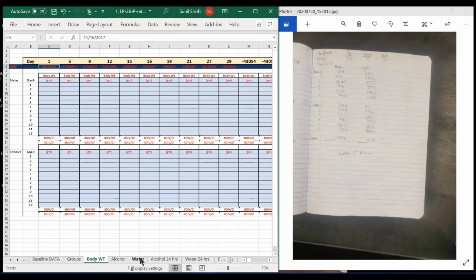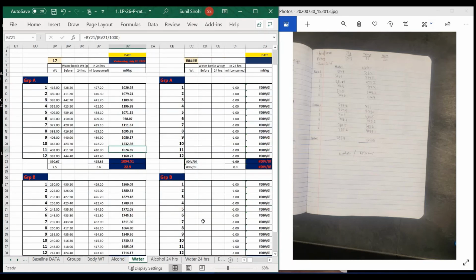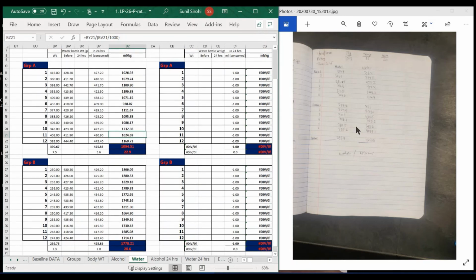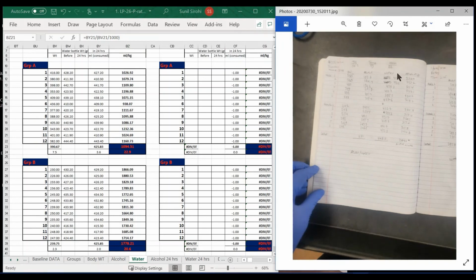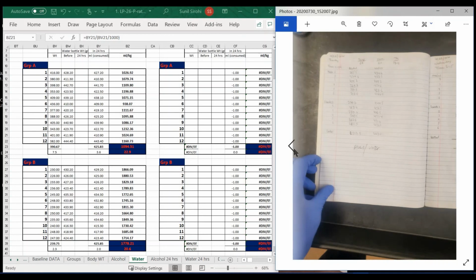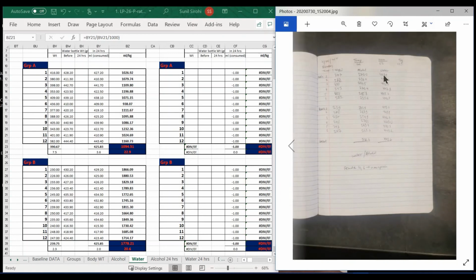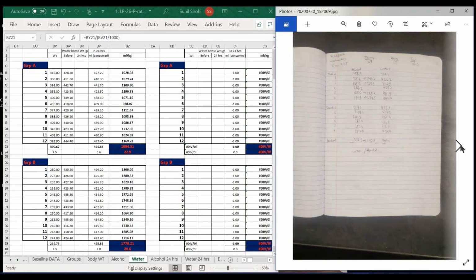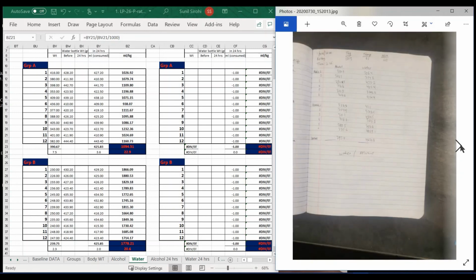Yes. The major tabs that we have to fill are the body weight, so make sure that all the body weights are entered here, and then we have to do the water intake too. Water intake is exactly the same way. You look at the notebook. Water bottles get changed fresh on Monday, so you would never see two readings for any particular day. For example, on Thursday you see two columns for alcohol, but water is always one column because we just give them fresh starting from Monday.